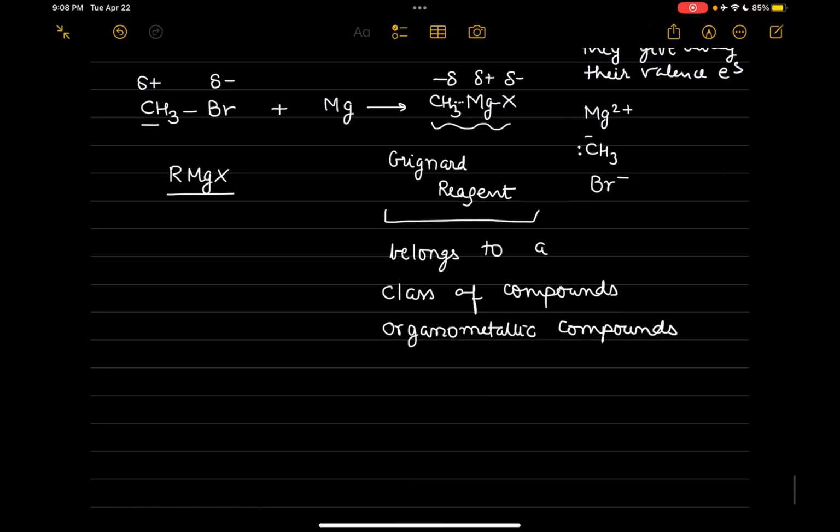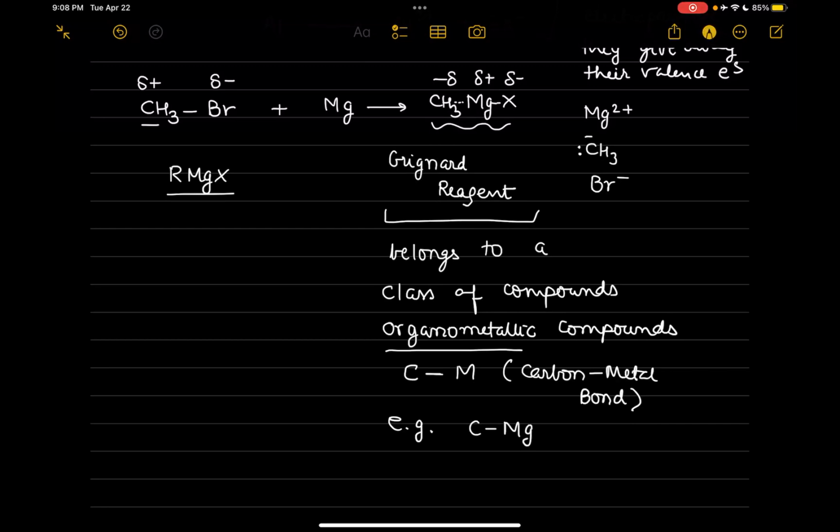Organometallic compounds are those compounds where the carbon atom is directly linked to the metal. Grignard is one of those compounds. In the Grignard reagent, there is a bond between carbon and magnesium. The metal is magnesium, and this is known as Grignard. Is it clear or not?